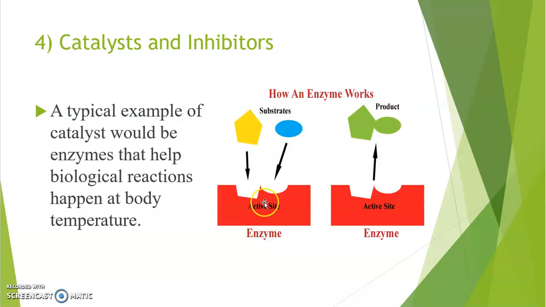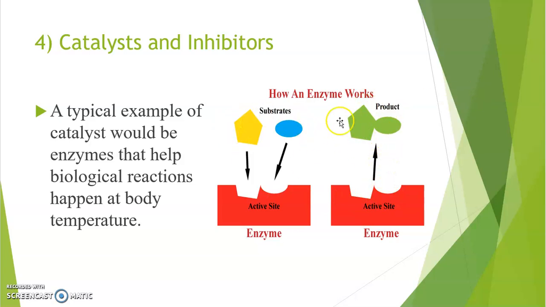What does the catalyst do, or the enzyme in this case? Here comes the enzyme. It has certain locks for the substrate to attach onto. So the reactants, or the substrates, attach onto the active sites of the enzyme, and then the enzyme helps break and make new bonds and releases them as one product.